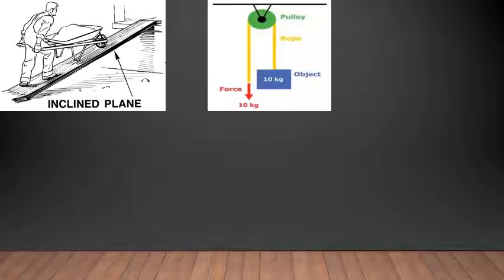Next is pulley. As you can see here, this circular green thing is called the pulley. It is easier to pull 10 kgs, like when you apply force here, when you pull this rope, this 10 kgs will come up. Now, it is easier in this way rather than carrying 10 kgs with your bare hand.